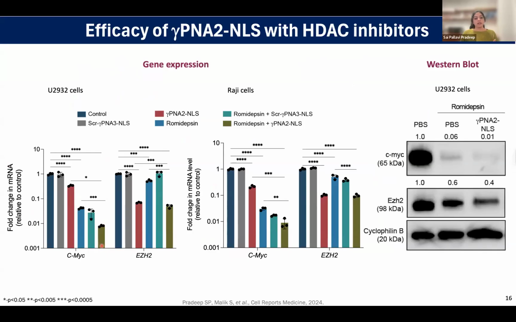And this also translated to a reduction in EZH2, which is a downstream target. And this was consistent for both the cell lines that we tested. And when we looked at the protein, the Western blot analysis, you can see that the c-Myc protein completely disappeared when we had a co-treatment of the HDAC inhibitor along with the PNA.